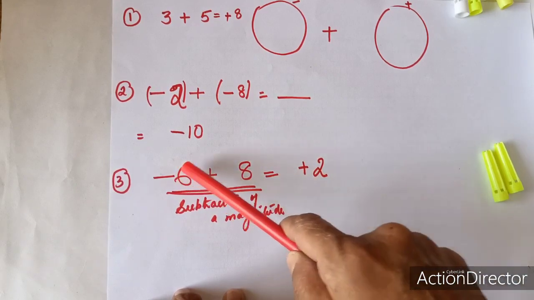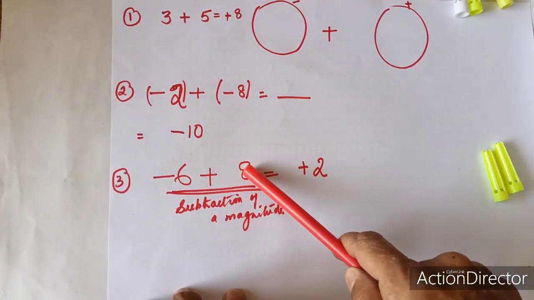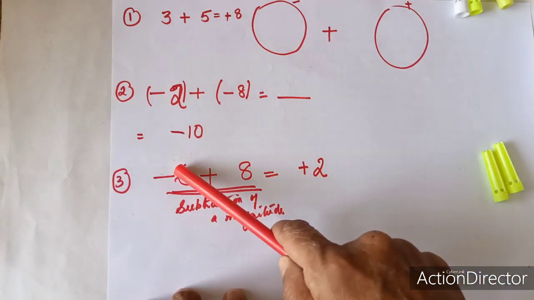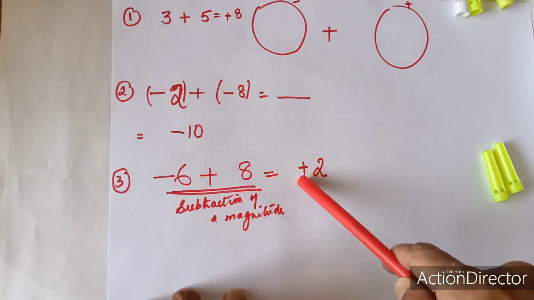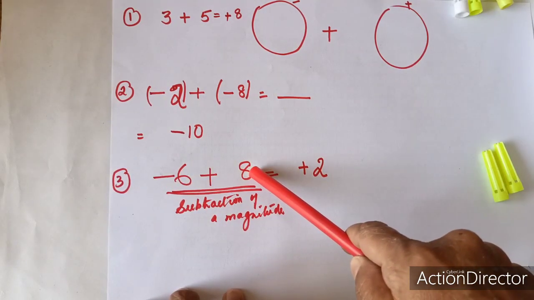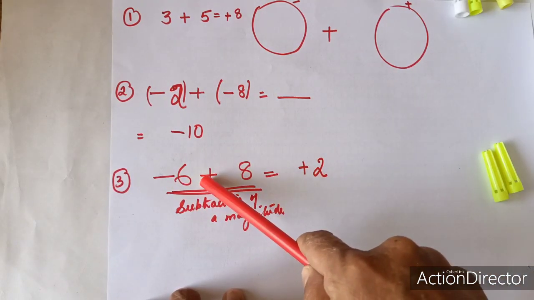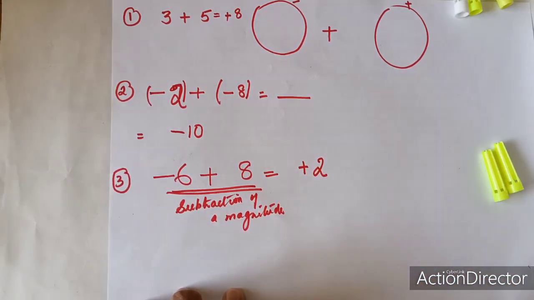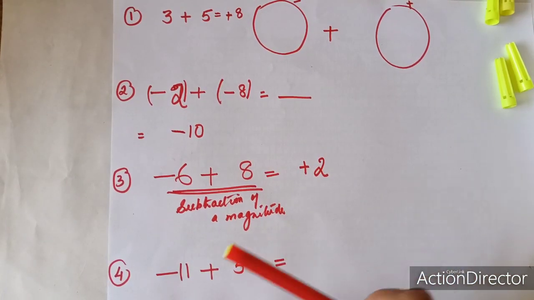Immediately you subtract. Mixture, you see subtract. Subtract the numbers. 8 minus 6, 2. After subtracting, you decide the sign. You see which is the greater number. 8 is the greater number. What is the sign of this greater number? Plus. So I will be putting plus 2 over here. Hope you understood this. Now let us move on to another sum.